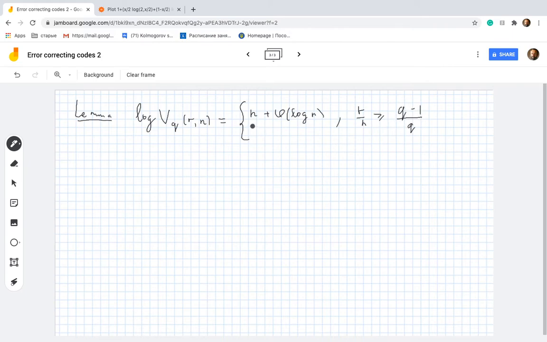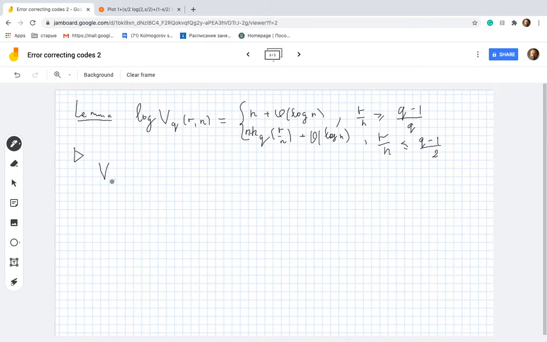And otherwise, it is obtained by the generalization of the Shannon function, n times the Shannon function of r over n plus order log n, in the case when r over n is less than this threshold. So let's prove this lemma.